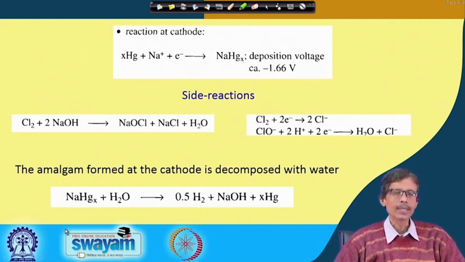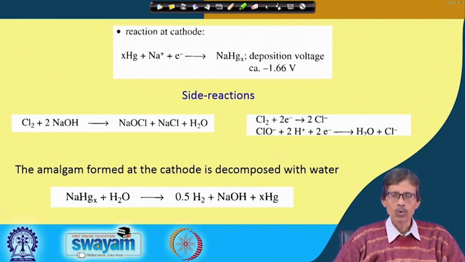If you break these things stepwise, you first form chlorine gas, then whatever amount of sodium amalgam you form, using the mercury pool as the electrode, you convert it to sodium amalgam, and you allow that sodium amalgam to react with water to produce hydrogen, sodium hydroxide and mercury back.